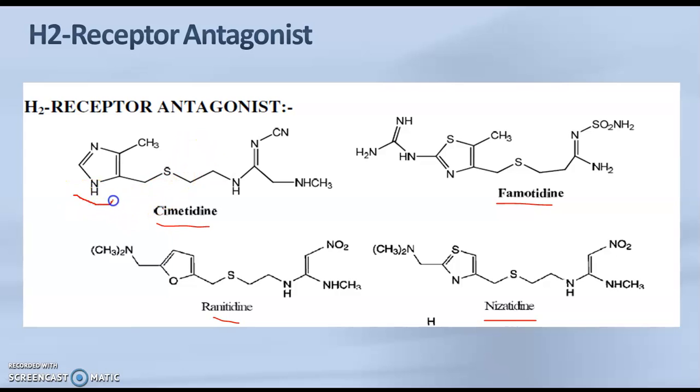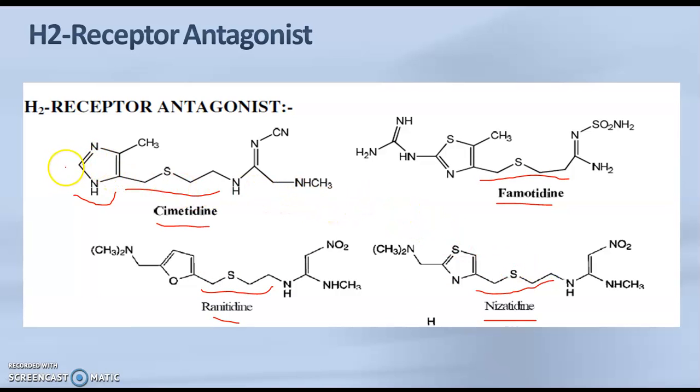So you'll find a heterocyclic ring. This linkage is common in all the drugs: methyl, sulfur and ethyl linkage. You can see that this methyl sulfur ethyl linkage is common in all the structures.